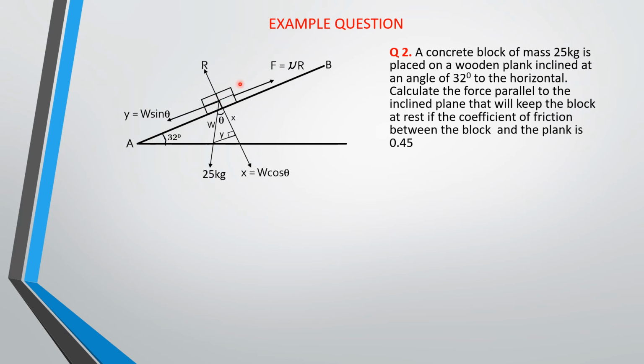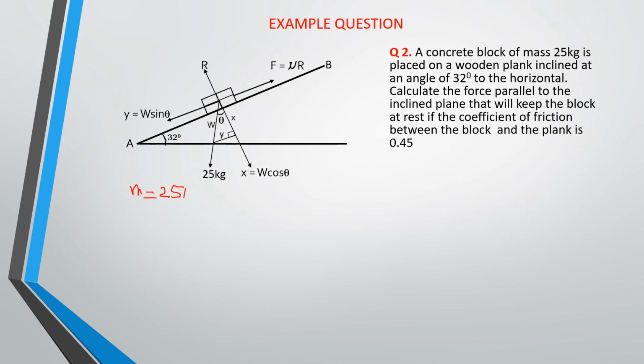Alright, so 32 degrees is the angle of inclination, and the mass is 25 kg. Having known that, you are given the mass, and this is what is given to you in your examination.